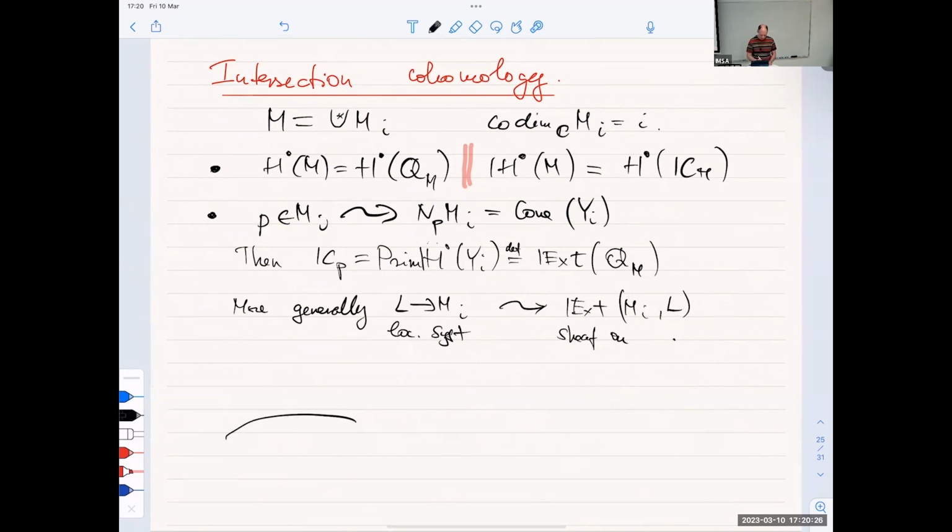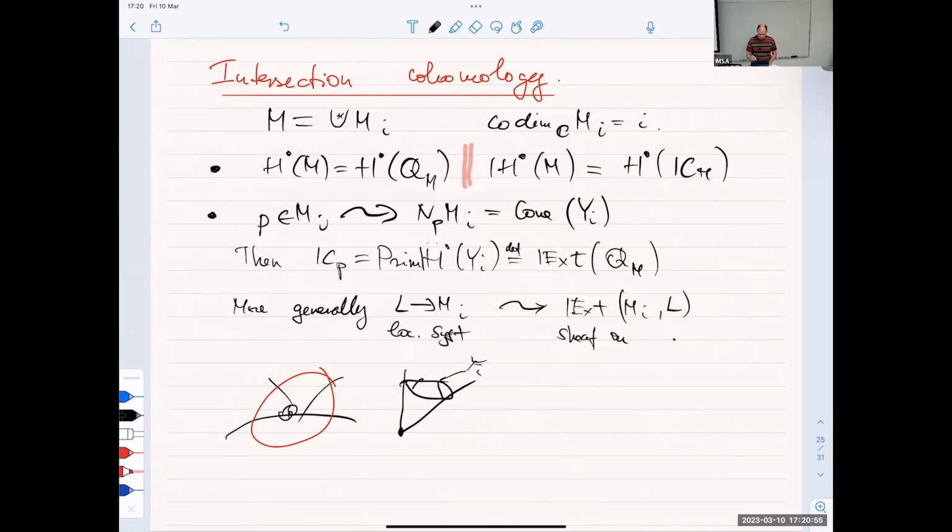You have a stratum, but then there are higher dimensional strata, and you take a little neighborhood. What's important is that when I blow this up, it looks like a cone over something that itself might have some singularities, and this something is this Y_i.